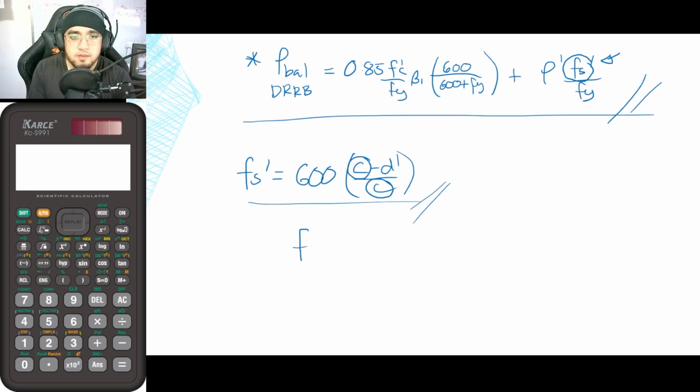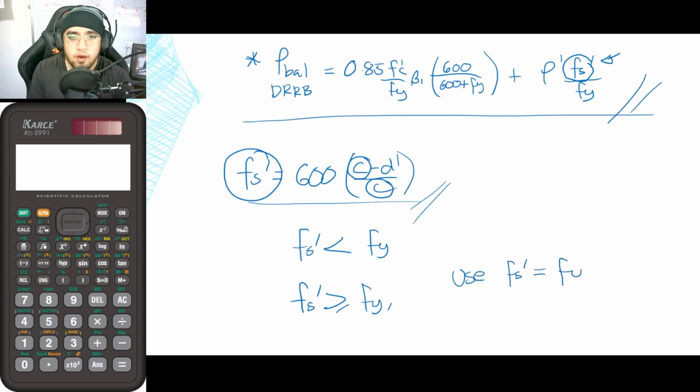And if Fs prime is less than Fy, then use this particular value. But if Fs prime is greater than or equal to Fy, then your Fs prime must be equal to Fy. Okay, so with that, let us have an example in our next video.